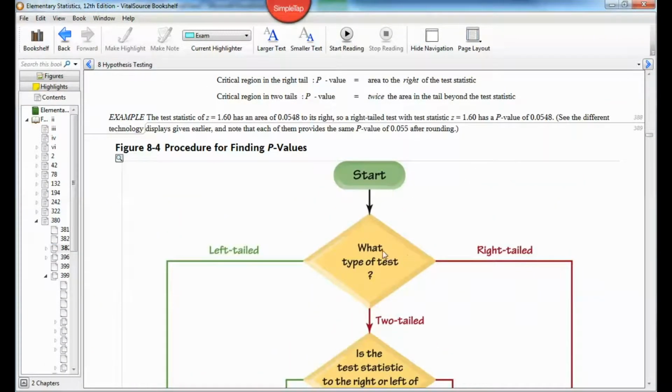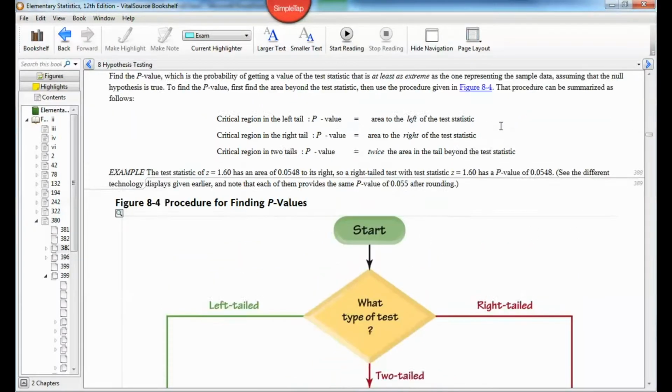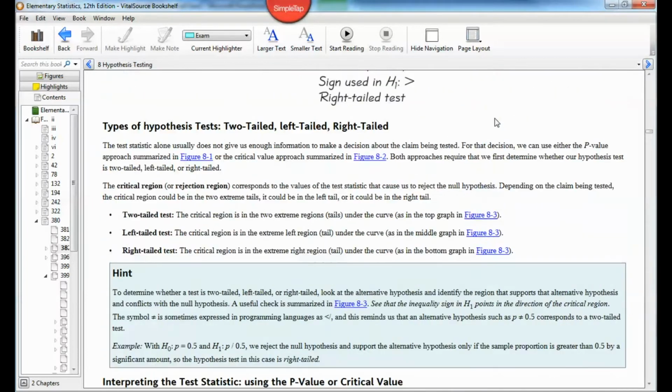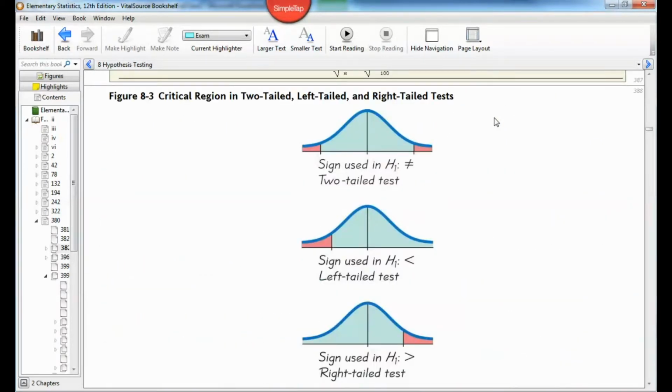And so first we have to figure out, is it left-tailed, right-tailed, or two-tailed? Do you remember how to do that? Hopefully you do. If not, you just look up here. We look at the null and alternate hypothesis. If our H sub 1 has a not equal to sign in it, then it's a two-tailed test.